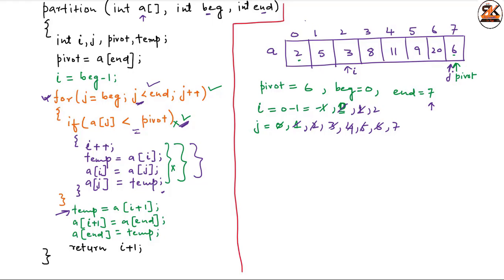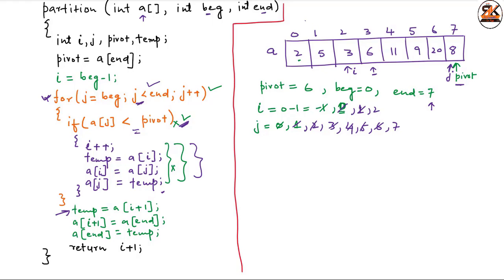Now i is this, i plus 1 location is this. So we are exchanging the contents pointed by i plus 1, that is this location, and the contents pointed by a of end. So 8 and 6 will be exchanged. After exchanging, 6 will come here and 8 will go to the last index, to this place.